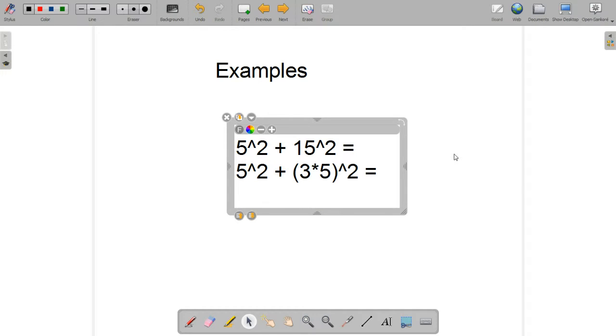And now you should know that 3 squared is just 9, so this is really just 5 squared plus 9 times 5 squared.